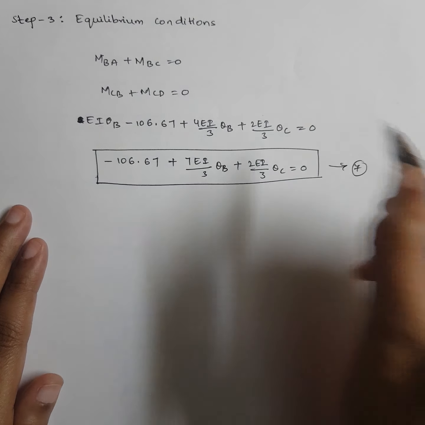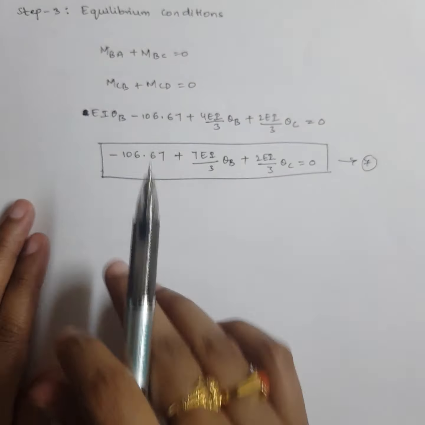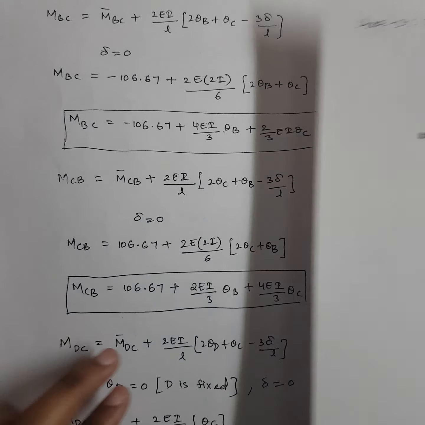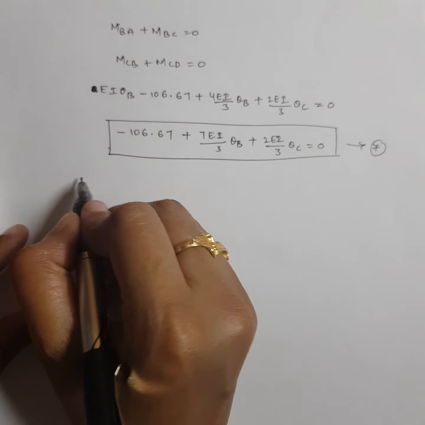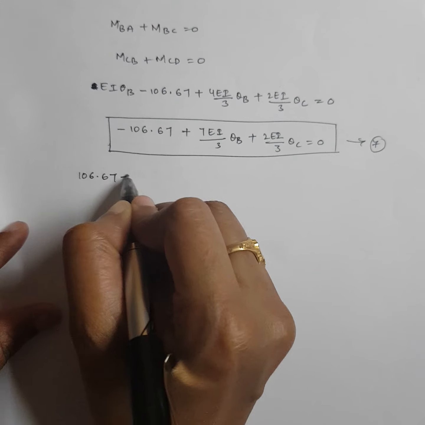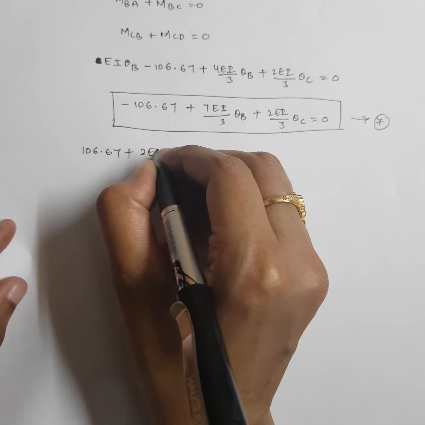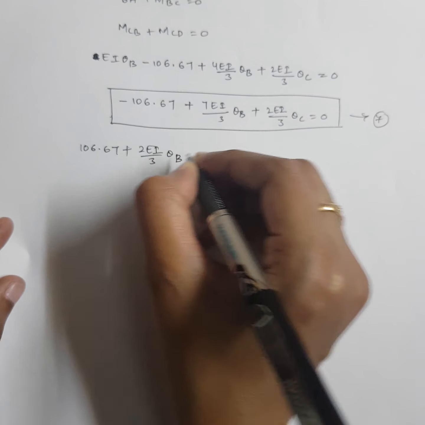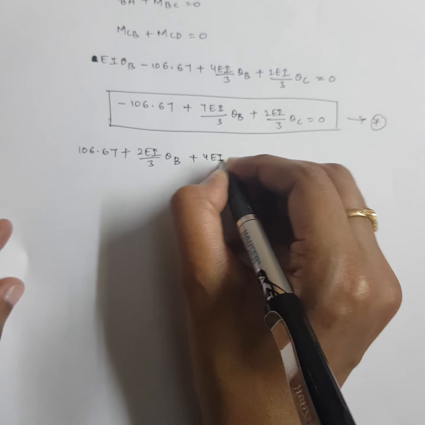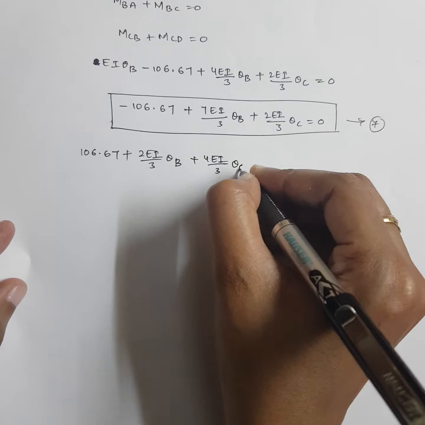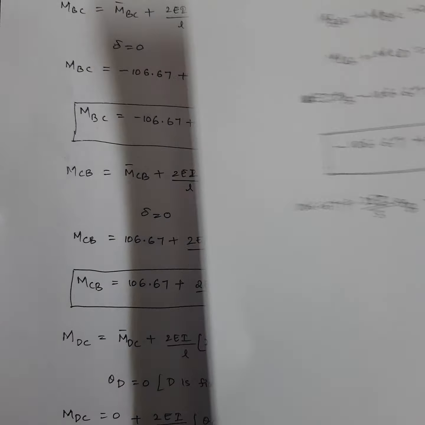Okay. Similarly, I'll apply the second equilibrium condition, MCB. What was our MCB? 106.67 plus 2EI by 3 theta B plus 4EI by 3 theta C. And what is MCD?